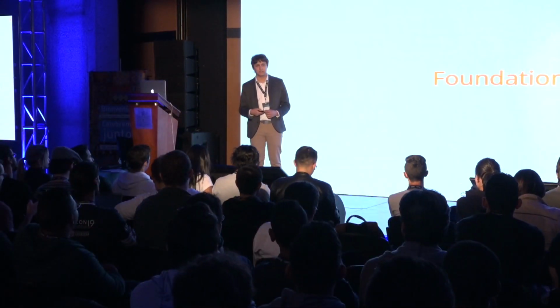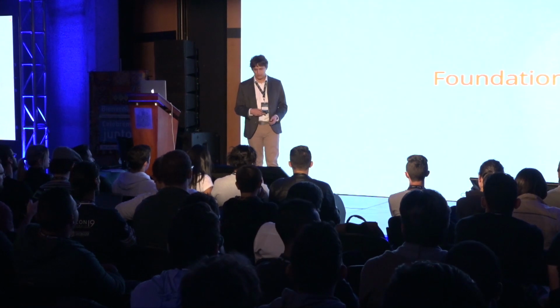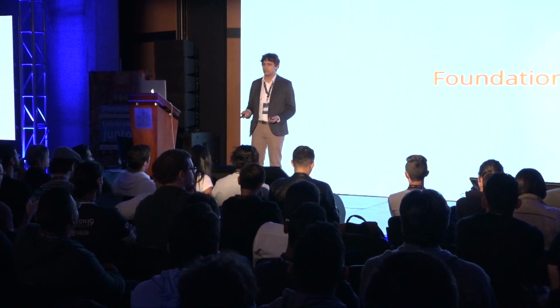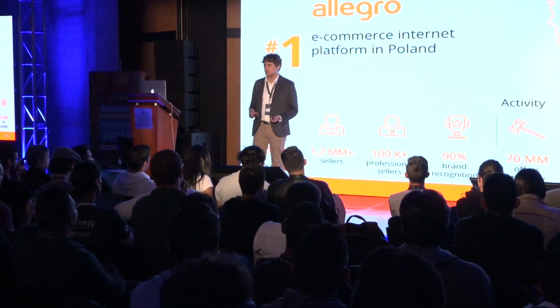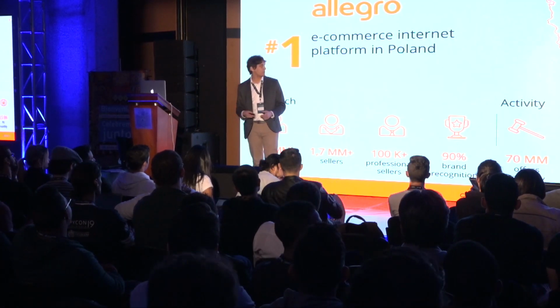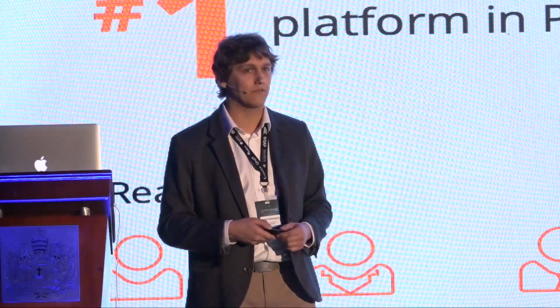And today, I'm going to talk to you about how we manage workloads efficiently in our infrastructure at Allegro. I would like to start with the foundation of the issue we have. And the foundation starts with Allegro being a really big company. It's one of the biggest e-commerce platforms in Eastern and Central Europe, and it's the number one platform in Poland.